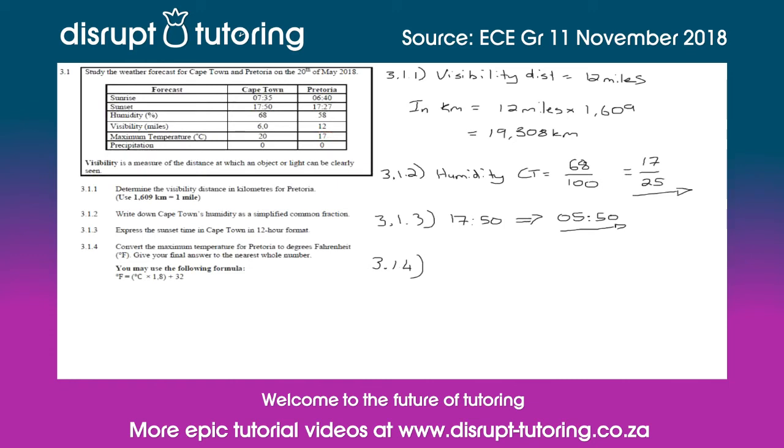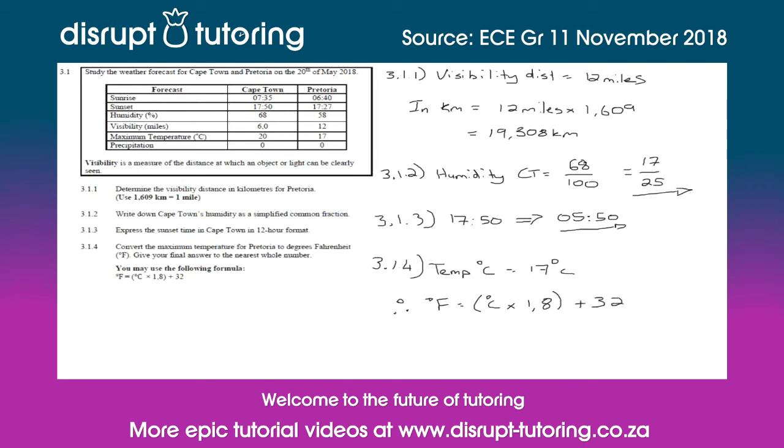So we can write that down. The temperature in degrees Celsius is 17 degrees Celsius. Therefore, degrees Fahrenheit is going to equal our degrees Celsius multiplied by 1.8 plus 32.